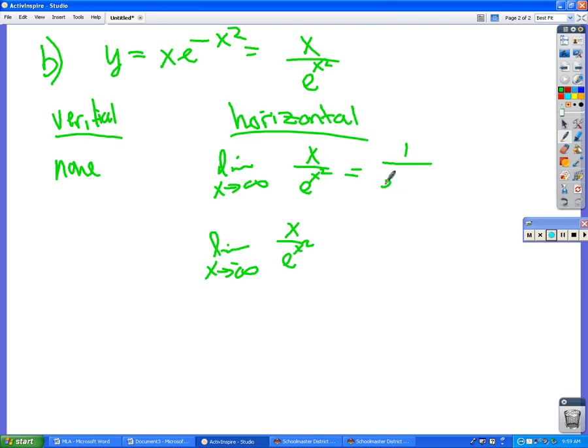The derivative of the bottom is going to be e to the x squared times 2x, and if you plug in infinity into that, you're going to get a horizontal asymptote of 0. Same thing if you plug in negative infinity, it's going to come out to be 0 also. So we have a horizontal asymptote of y equals 0 and a vertical asymptote of none.